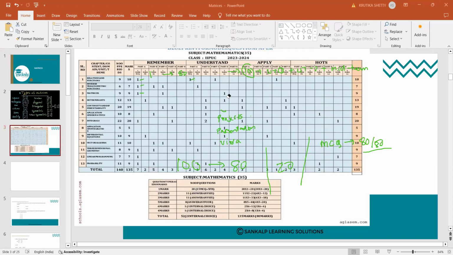So altogether it will be fetching you 9 marks. Again, without wasting time, we will begin with the study of matrices.